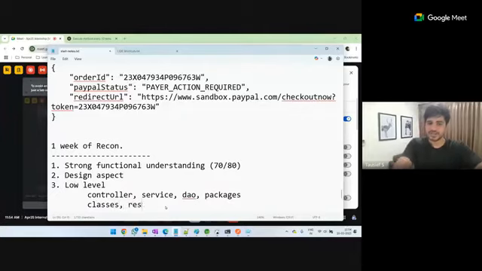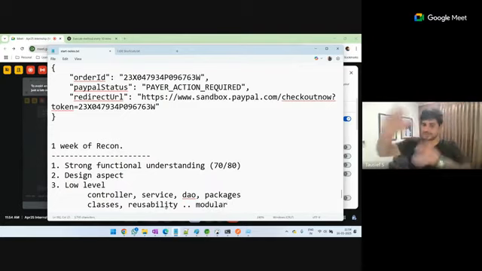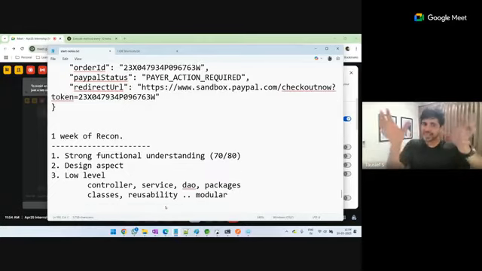Can you do some reusability? Okay. Next, modular applications, not writing everything in the same class, breaking it down, where to put interfaces, where to put implementations, how the injections and all that should happen, right? So that kind of clarity should be there.